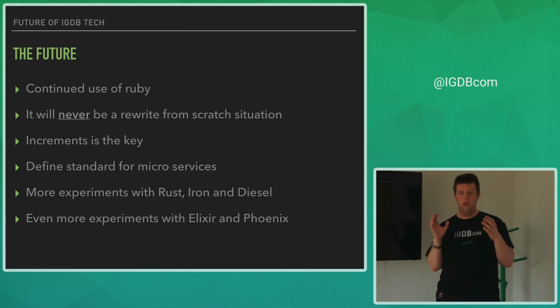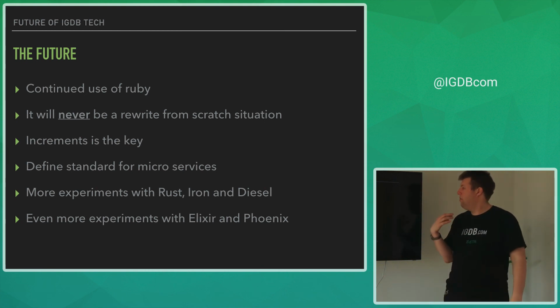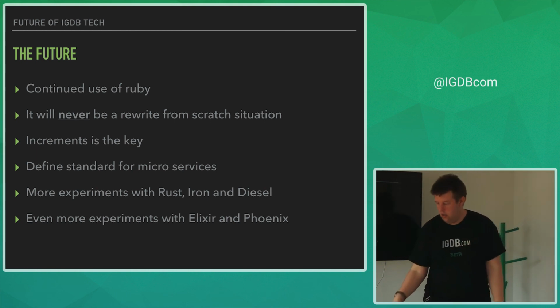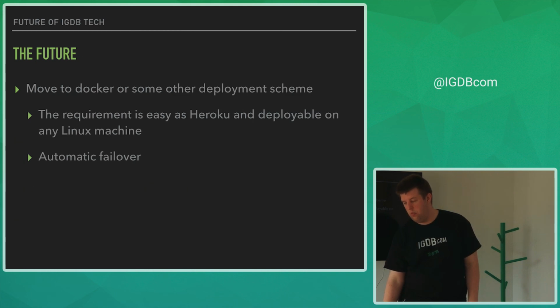It performs close to C performance. Also, some more experiments with Elixir and Phoenix would be super awesome. I feel that community has also grown on me. So those are the possible future of IGDB.